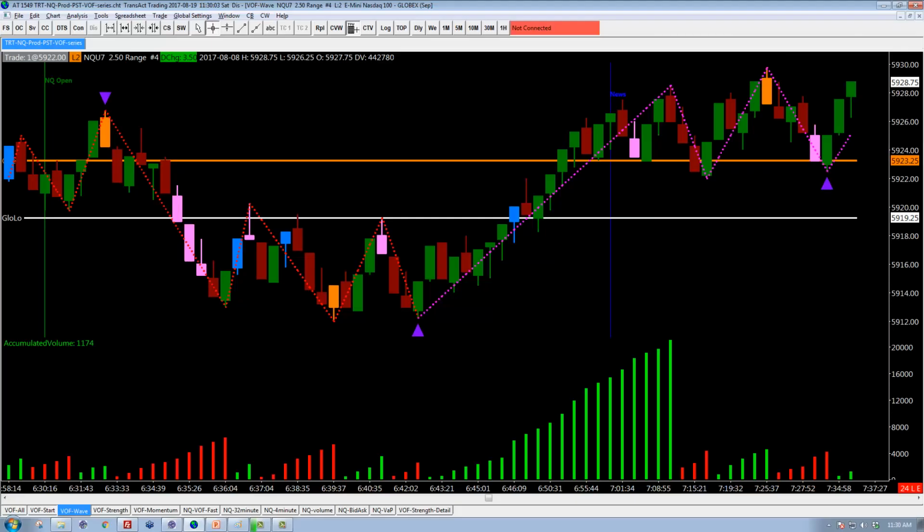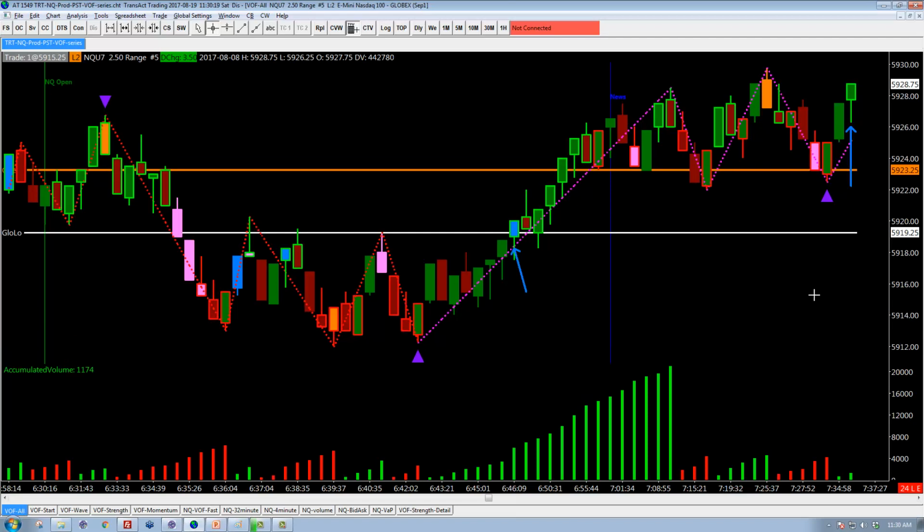So this is how our chart looked through part 3, where we have wave volume and the order flow strength study. Now we're going to add an order flow based momentum study, and that's what this is. The green outlines represent momentum to the high side, long momentum, and the red outlines represent momentum to the short side.